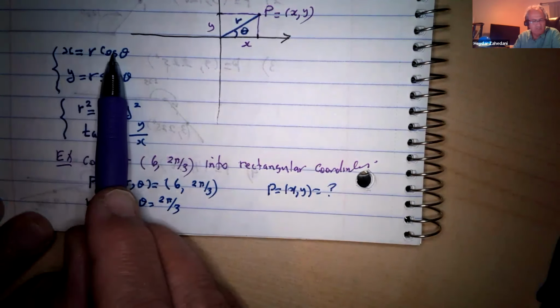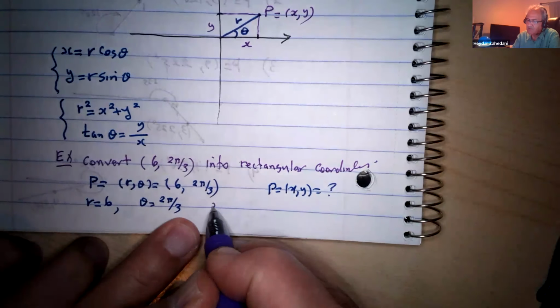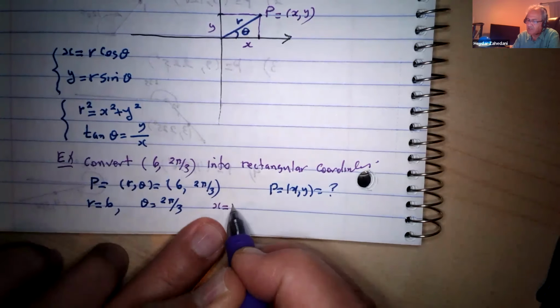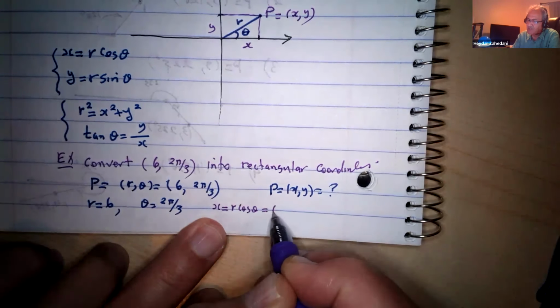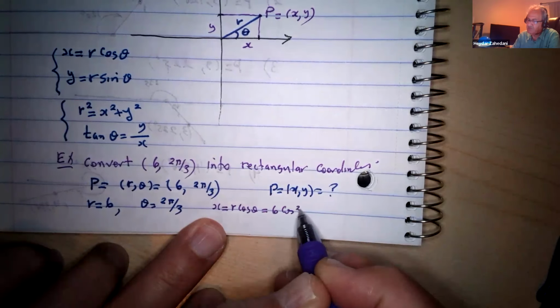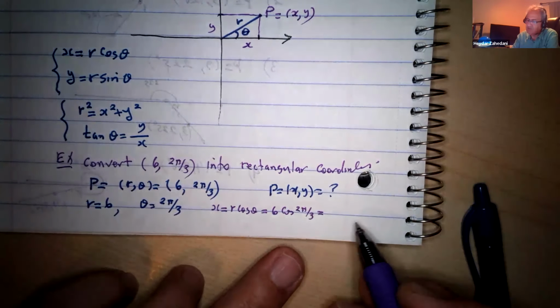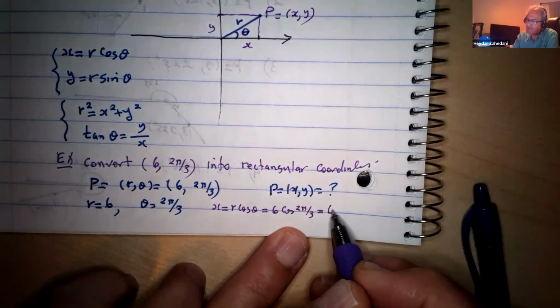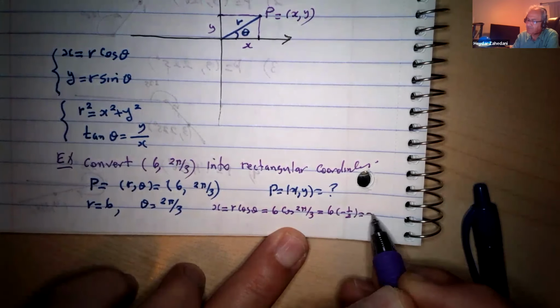There you are. X is R cosine of theta, and Y is R sine of theta. So we write the formula and substitute. X would be R cosine of theta, so R is 6, cosine of 2π/3. Cosine of 2π/3 is negative one half, so the result would be negative 3.